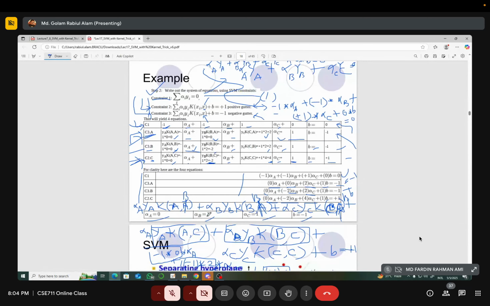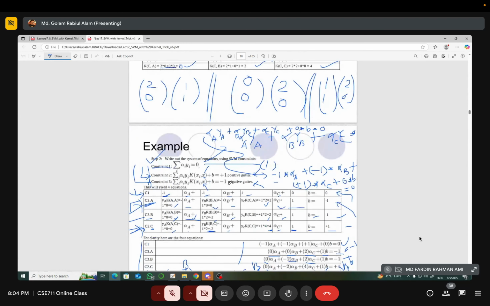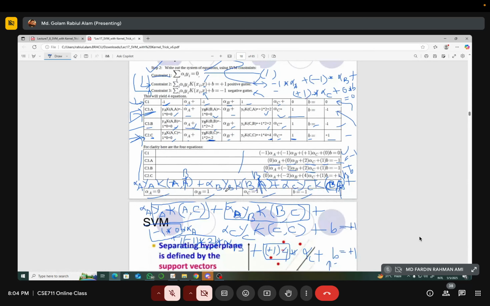So that means we already know the values of those four variables. Now the target is to find out the W and b, but we have already got the values of alpha and also b.